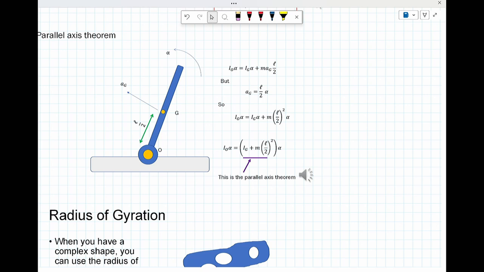And if you write it out that way, and recognize that if something is pinned at a point, and is rotating about it, then the acceleration of G is just L alpha, right? And so if it's L alpha, then you can put that directly in, and guess what? You end up with the parallel axis theorem again.